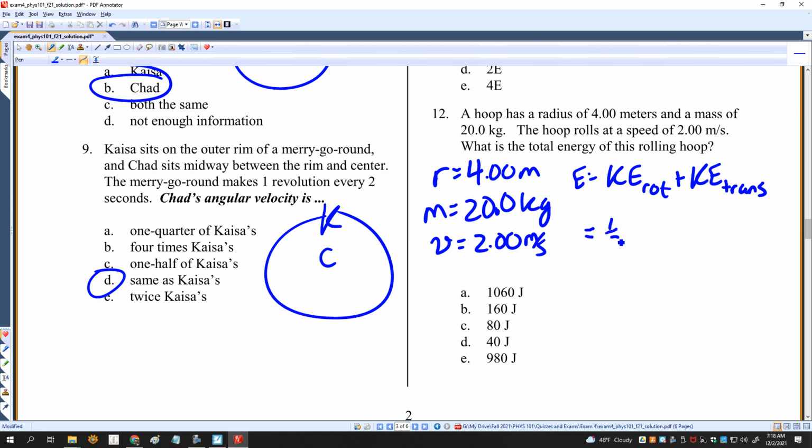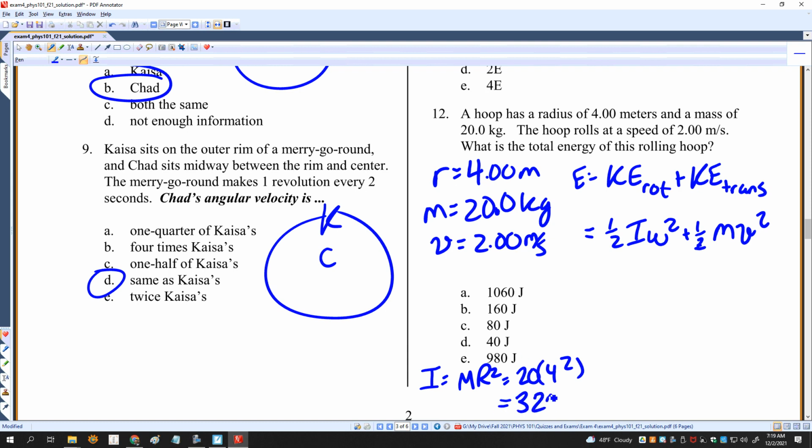That's going to be 1/2 I omega squared plus 1/2 mv squared. So we need some of these quantities. First, we need to know I. For a hoop, that's mr squared. That is 20 times 4 squared. It's 320.